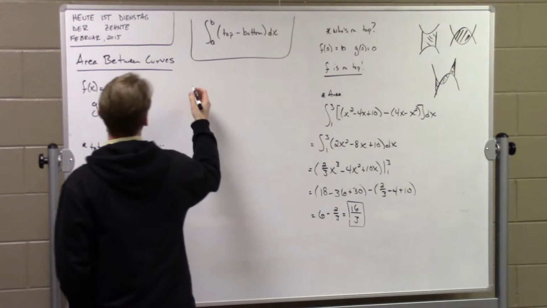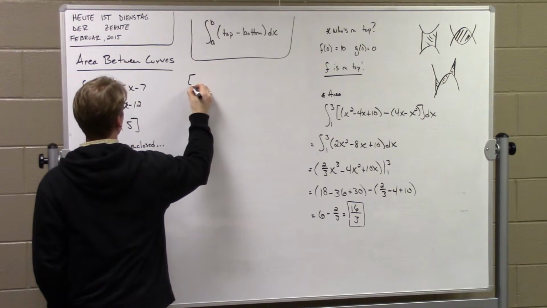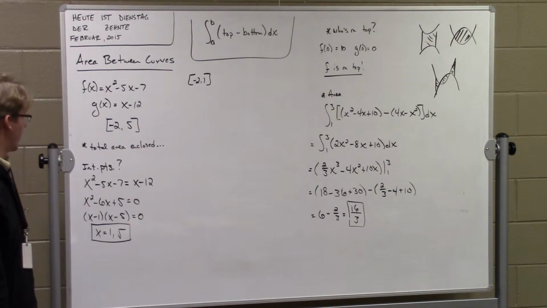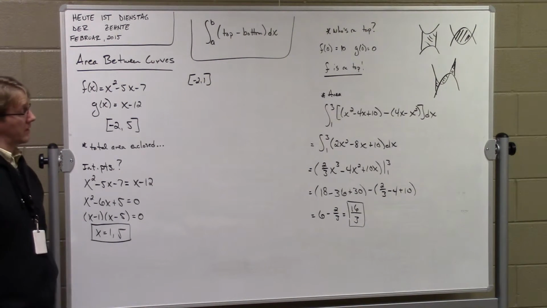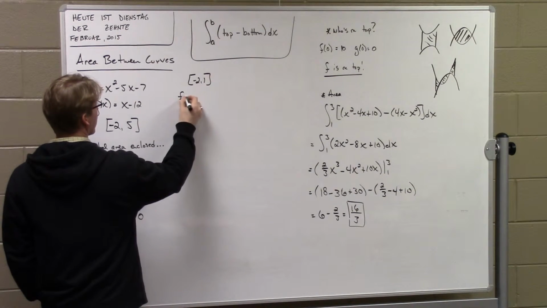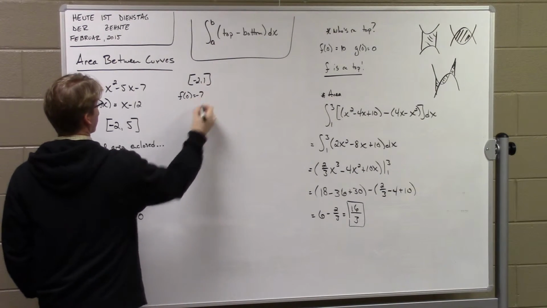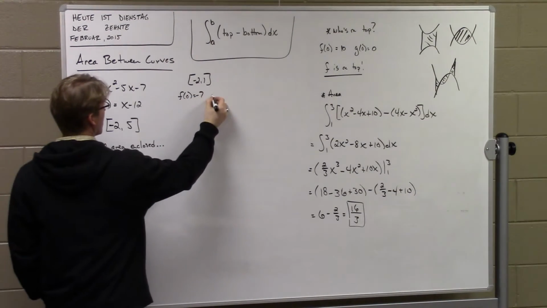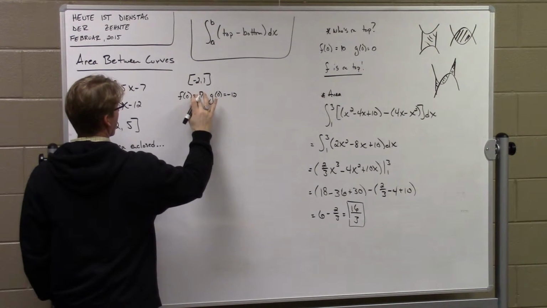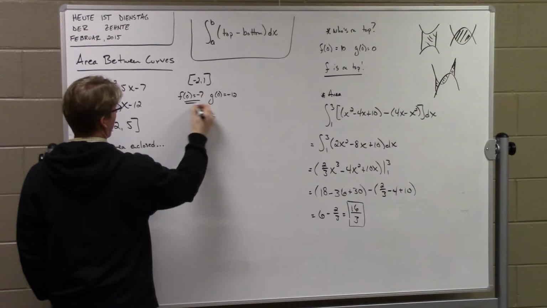So let's talk about zone 1, from minus 2 to 1, and who would be on top? Give me a number in between there. 0, sounds good. So f of 0 is minus 7. g of 0 is minus 12. f's on top.